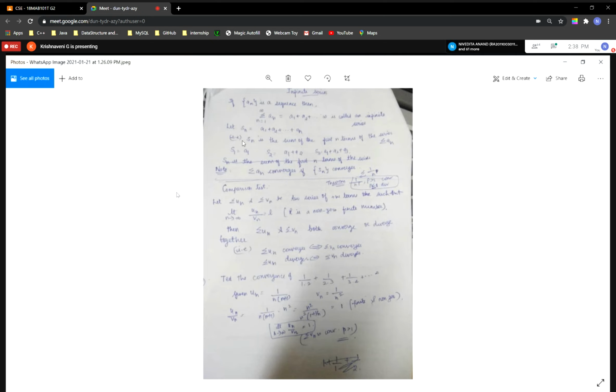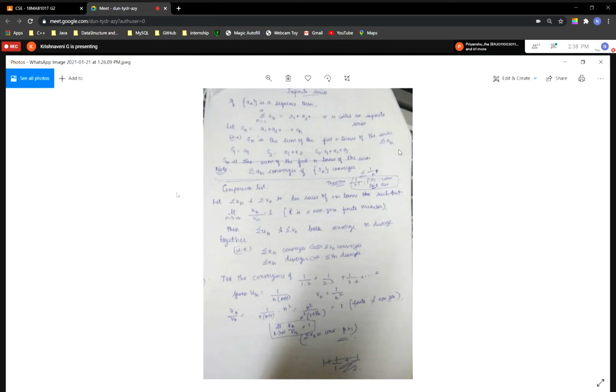Let Sn equal a1 plus a2 plus etc. up to an, the whole term. Sn is the sum of the first n terms of the series summation an.